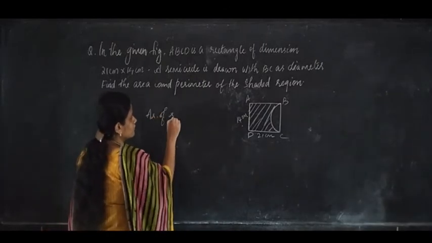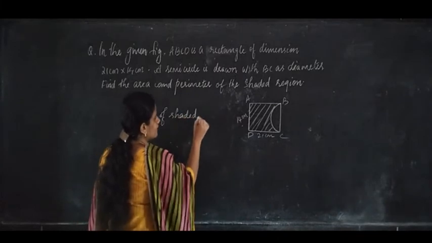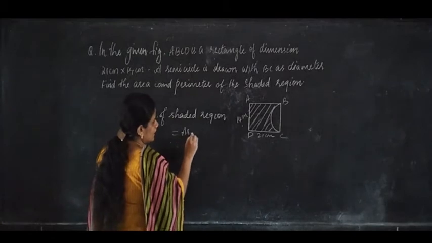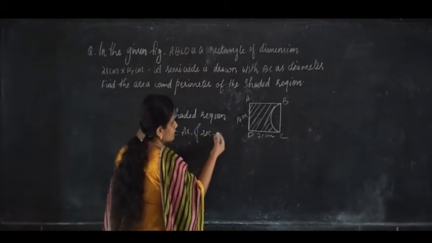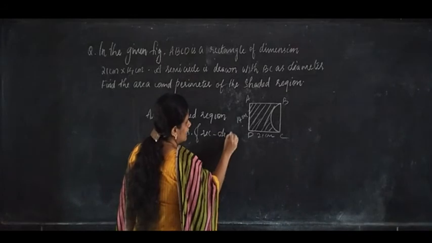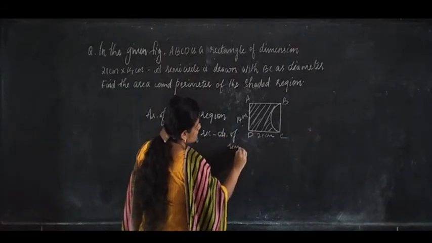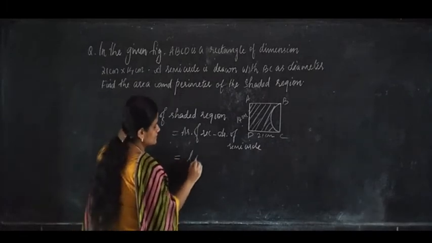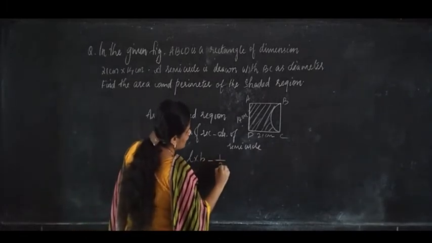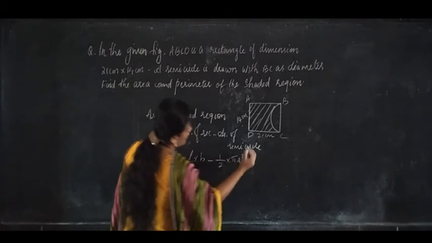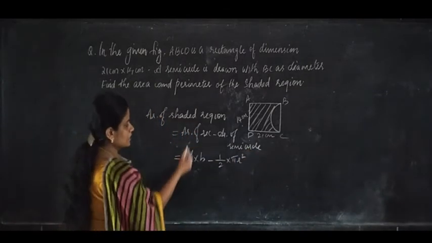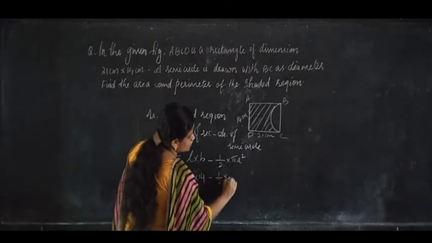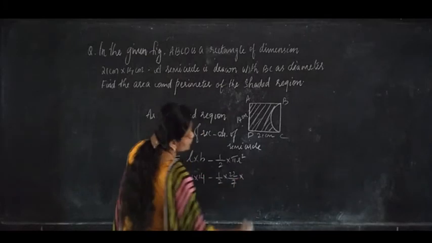Area of shaded region is equal to area of rectangle minus area of semicircle. Now what is the area of rectangle? L into B minus half into pi r square. Now length and breadth are given to us: 21 into 14 minus half into 22 by 7 into radius.